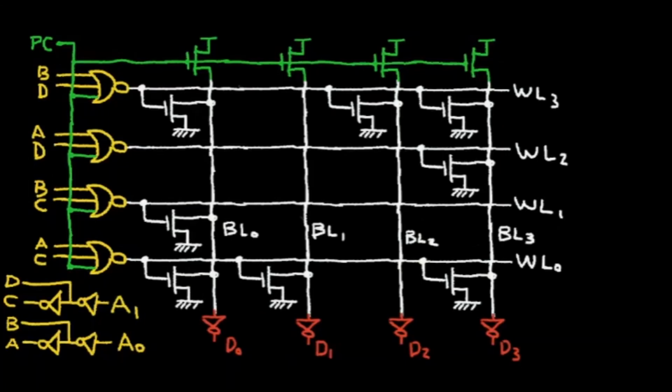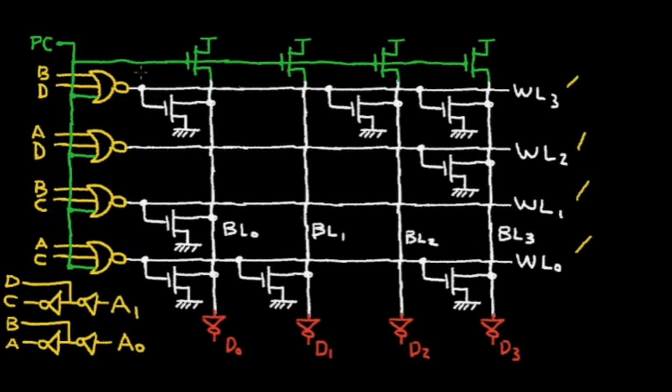So this particular ROM has 4 word lines. It has WL0, 1, 2, and 3. Now, there are 4 bit lines also. There's bit line 0, bit line 1, bit line 2, and bit line 3.